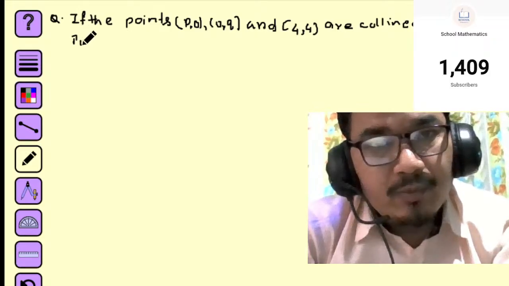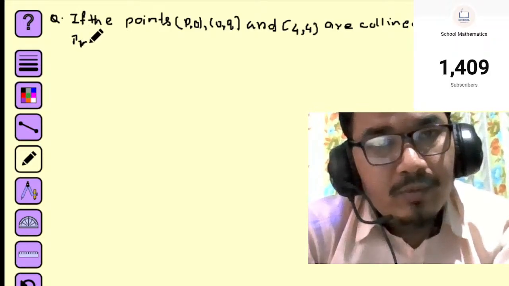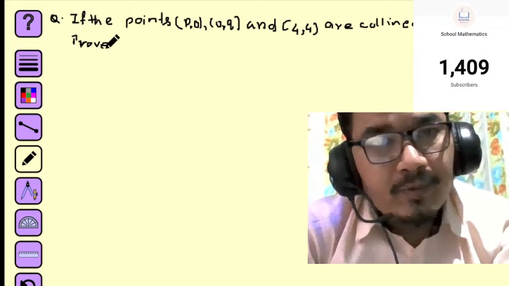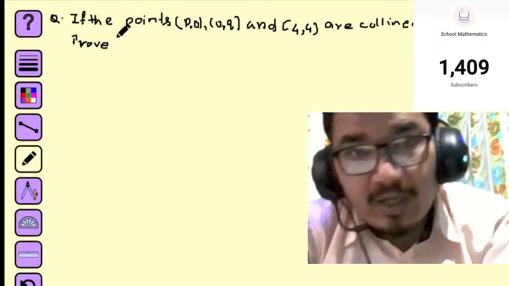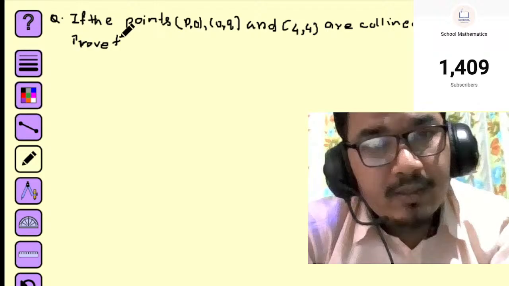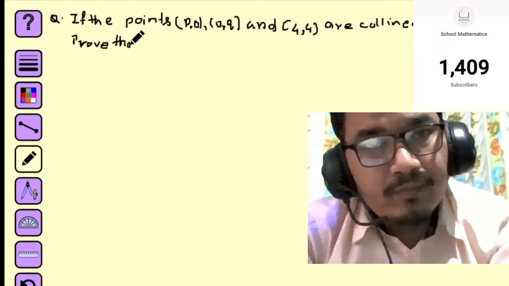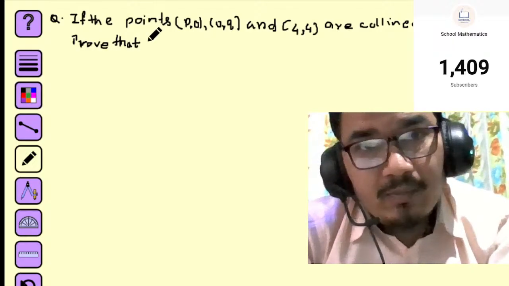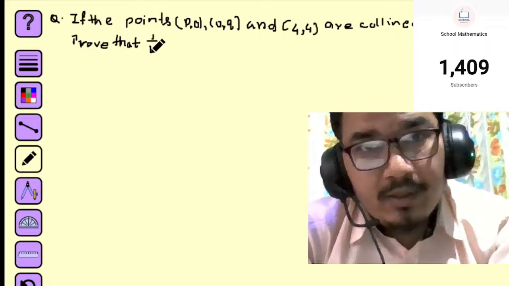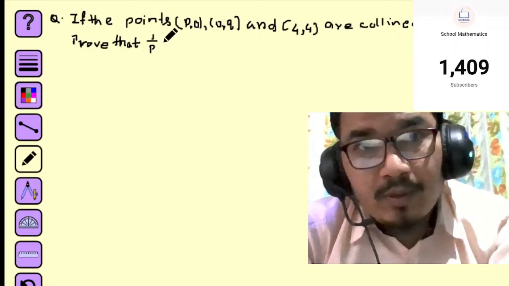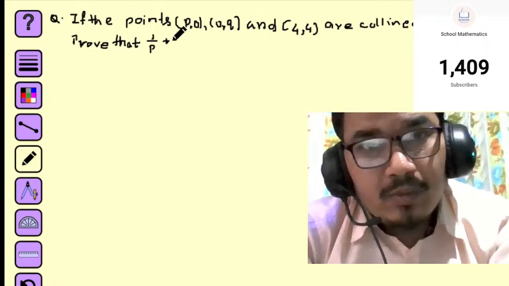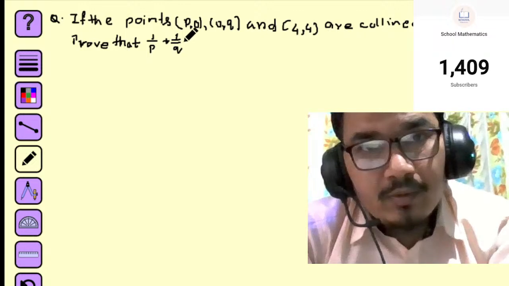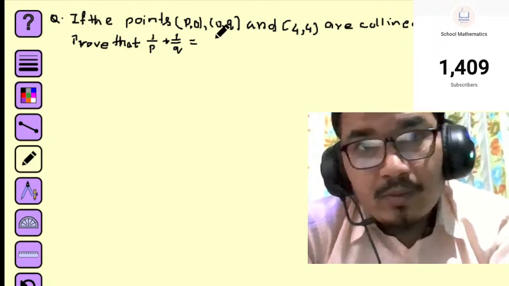By using that condition we have to prove here that 1 by P plus 1 by Q equals 1 by 4.